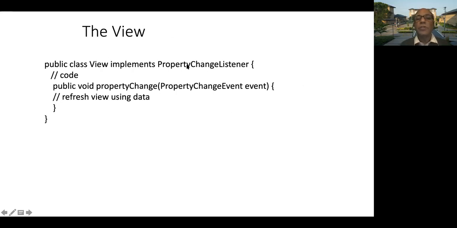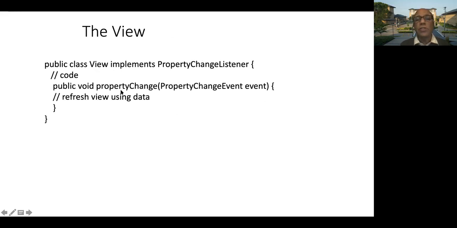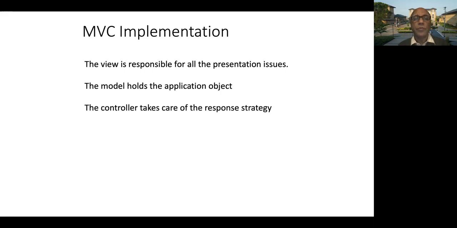The view observes the model, so it implements property change listener, and whenever the model changes, it fires the property change. So this method of view gets called, and the view can then refresh the screen. So the view is responsible for presenting things, the model stores data, and the controller handles the input.